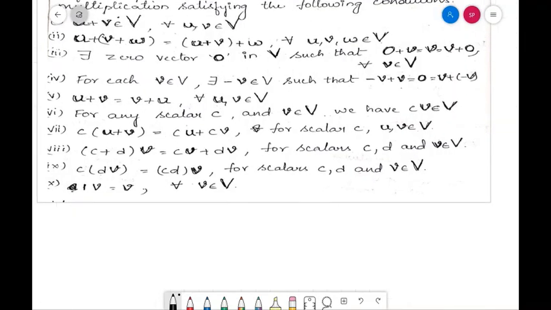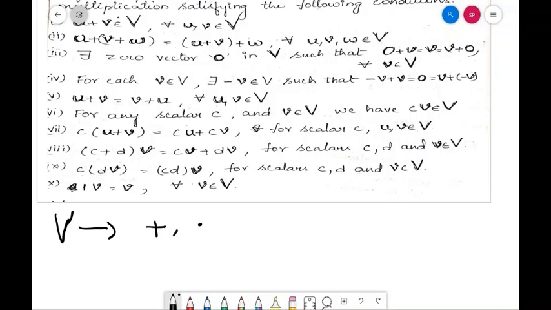There are 10 conditions given, and all of them must be satisfied.